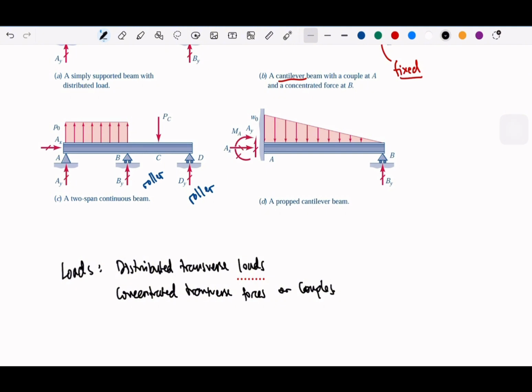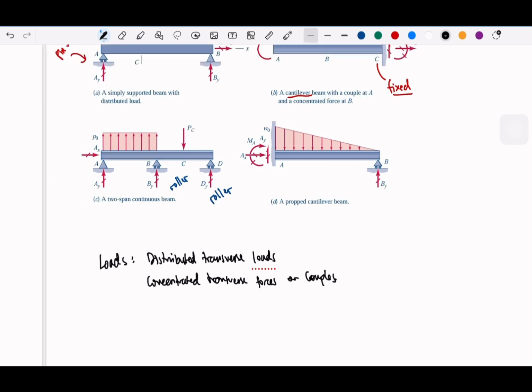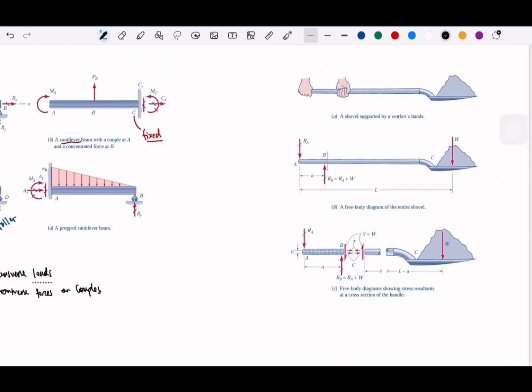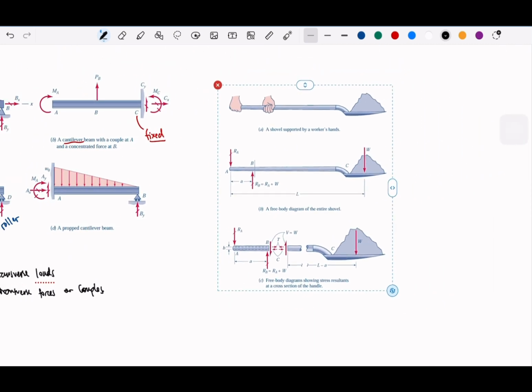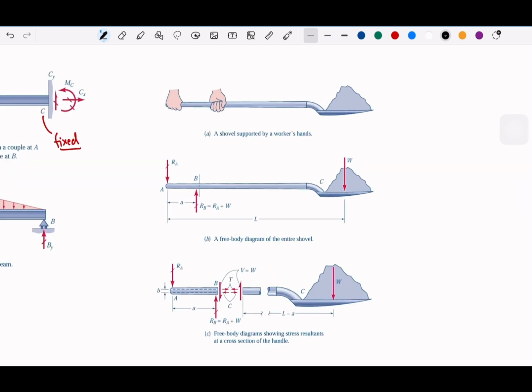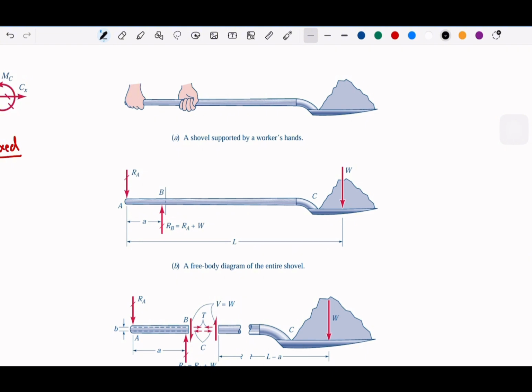If we look at an example of how we could analyze, we can look at this picture. So this is a shovel. Imagine that you are working with the shovel.